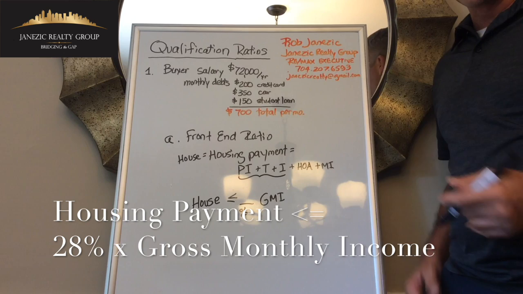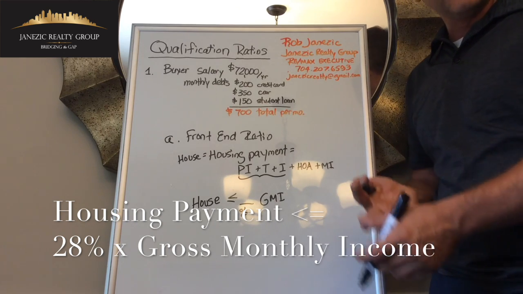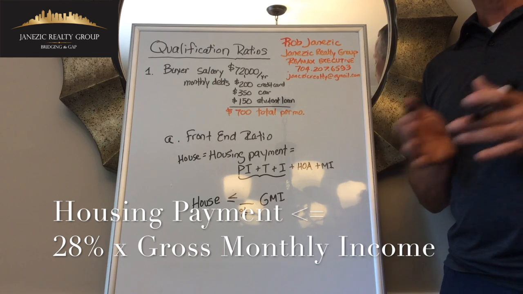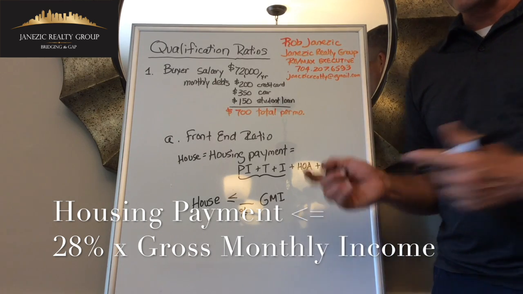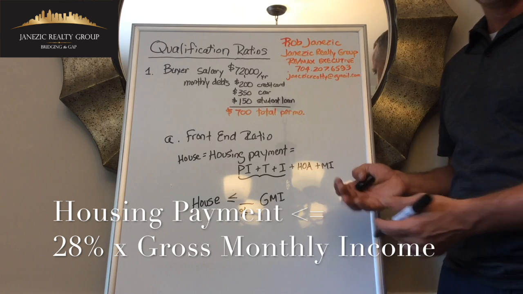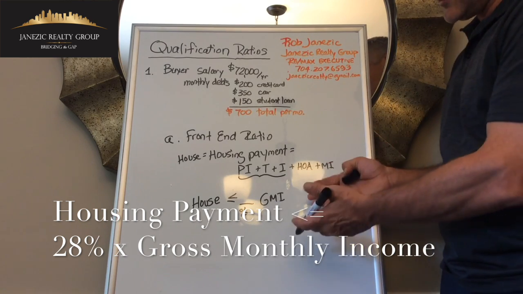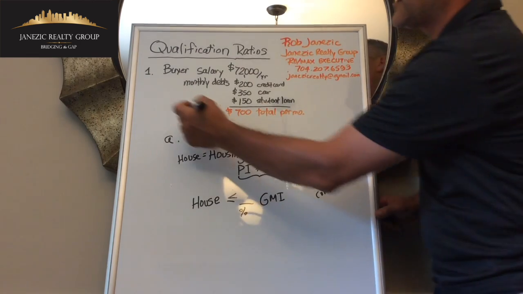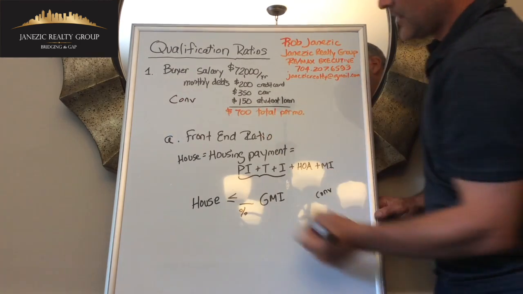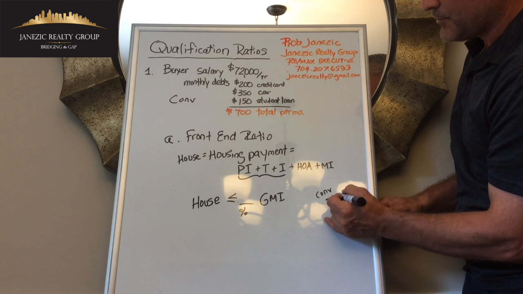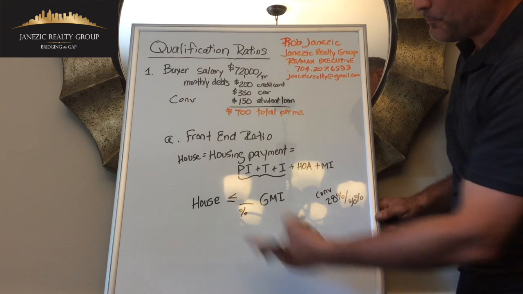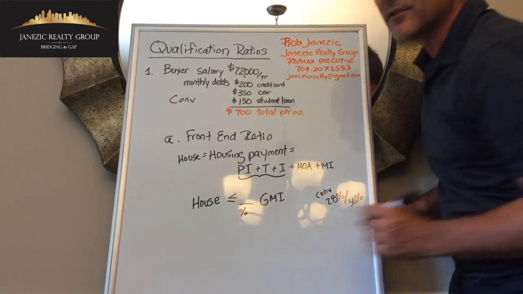There are different loan types: conventional, FHA, VA, USDA. There's a plethora of them, and each one of them has its own qualification guidelines, and the guideline would be relative to your income. If we're talking about conventional, which we're going to talk about in this scenario, those guidelines are 28% and 36% for the back end ratio, which we haven't talked about yet.